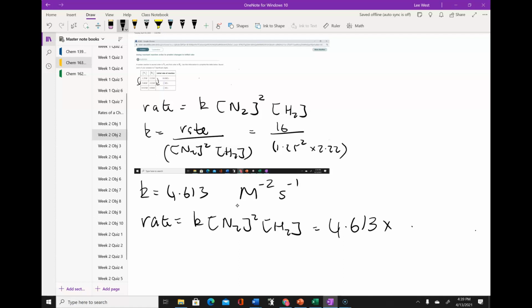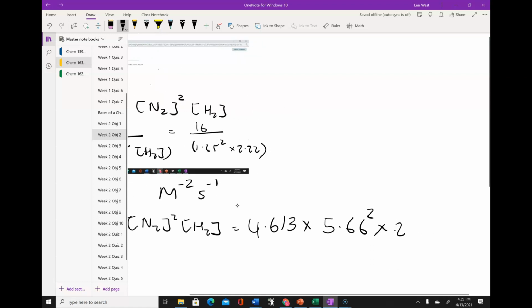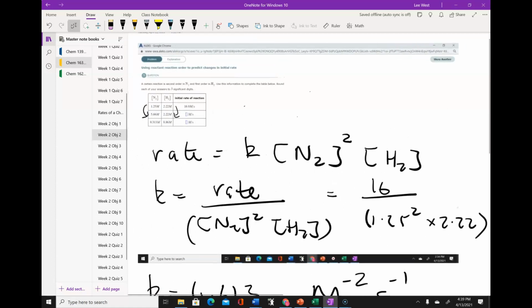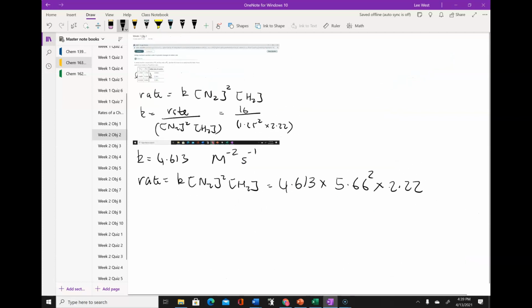And in this second case, the concentration of N2 is 5.66 squared, and the concentration of H2 is 2.22. So what we're expecting is that it's going to be a lot quicker than 16 because the N2 went up quite a bit and the H2 stayed the same. So it's going to be quite a lot quicker.